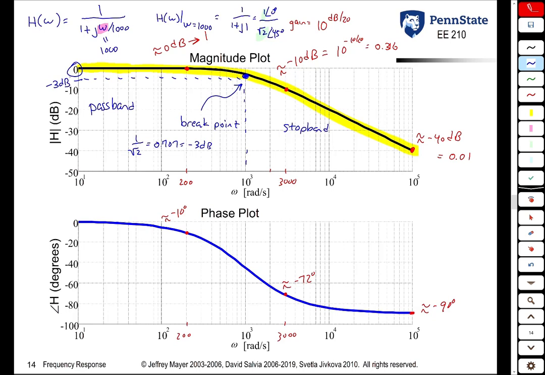So we also call this breakpoint the 3 dB point. And once again, it is the boundary between the passband and the stop band.